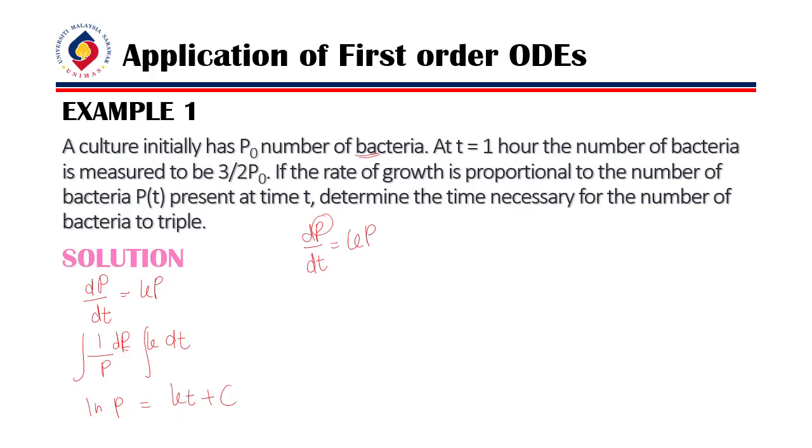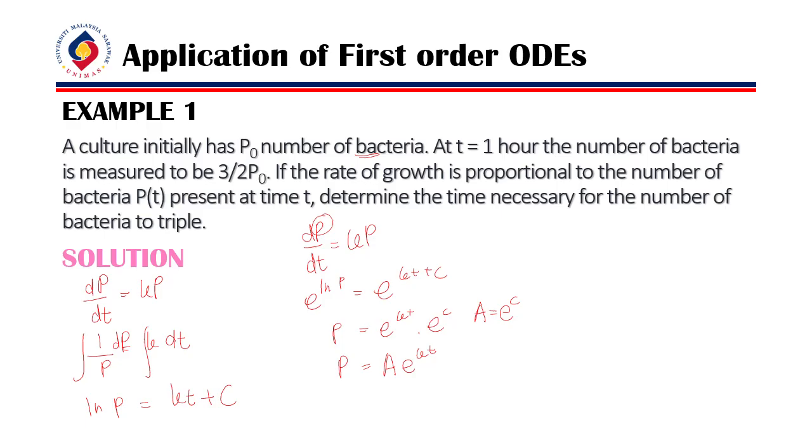Then you take the exponential, so P equals e^(kt+C). Here you get P equals e^(kt) times e^C. Usually I let A equal e^C, because I want to consider only one constant. So P equals A e^(kt).